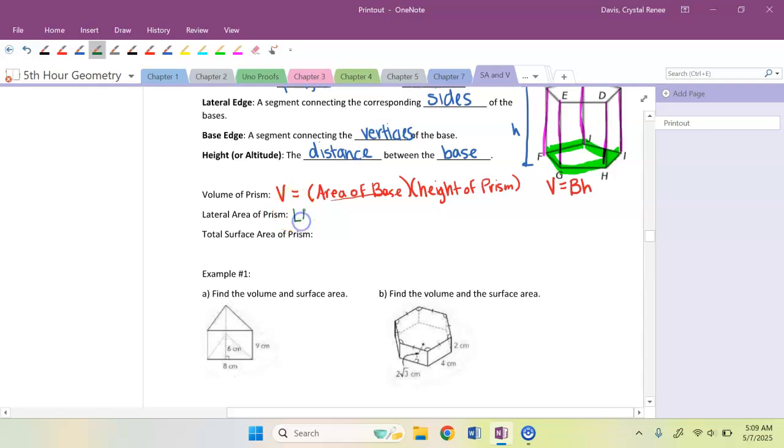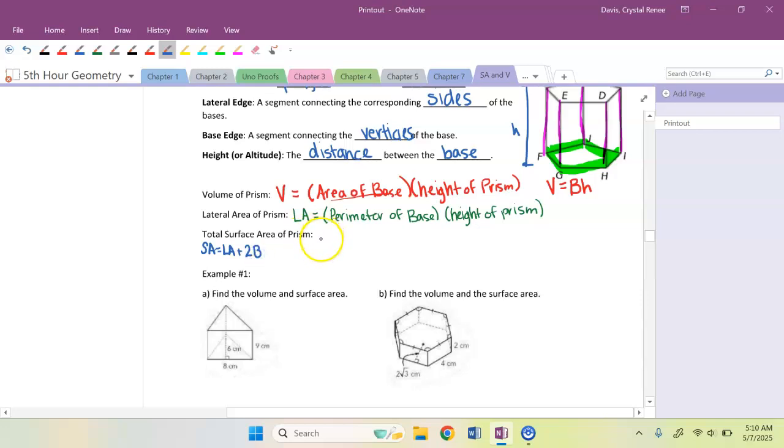Okay, the lateral area of the prism, meaning not the bases, if we just want to find the area around it, the lateral area is always the perimeter of the base times the height of the prism. And therefore, to find the surface area of the prism, remember, it's just going to be the lateral area plus the area of the two bases.